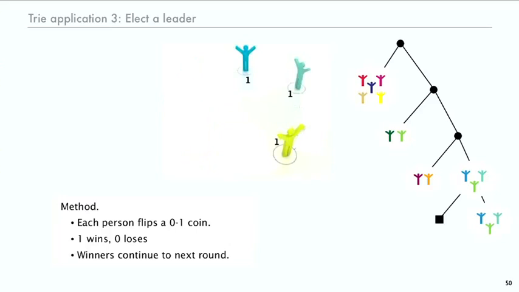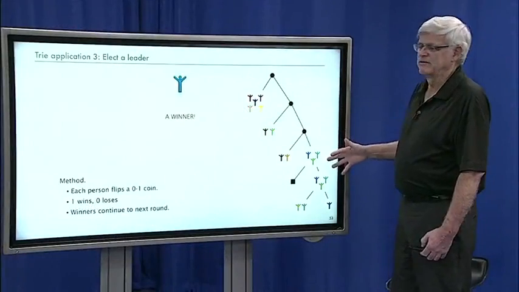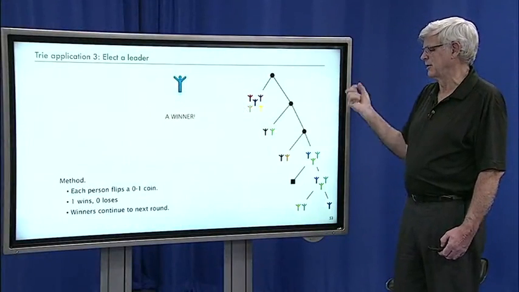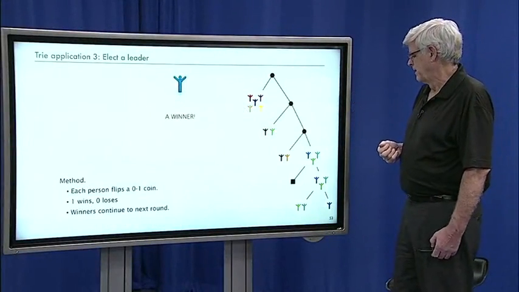In this case, they all get 1, so they all advance to the next round. And then we have a void node. And then again, nobody eliminated. Now they each flip a coin, and only the blue one survives, so that's the winner. So this is a very simple method for choosing a leader in a distributed manner among N people.